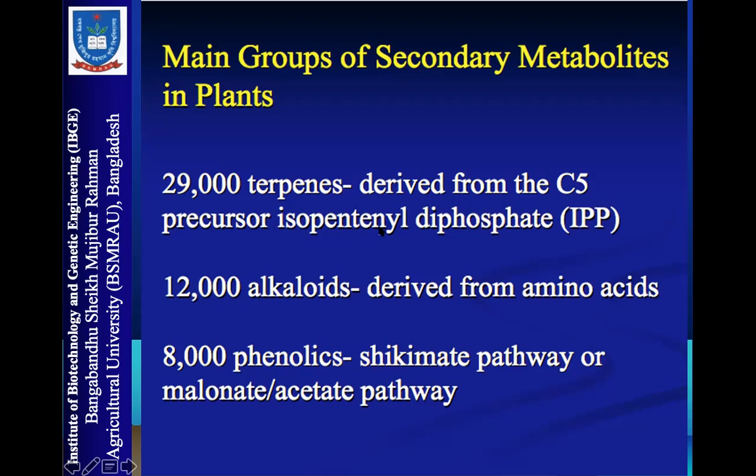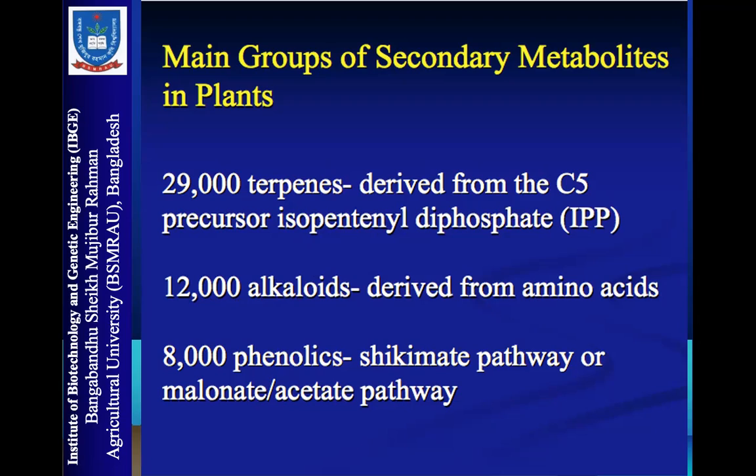Scientists have already discovered the biosynthetic pathway of different kinds of terpenoid compounds. The second group is alkaloids. Alkaloids are very famous. Even in ancient times, people have been using plant alkaloids.